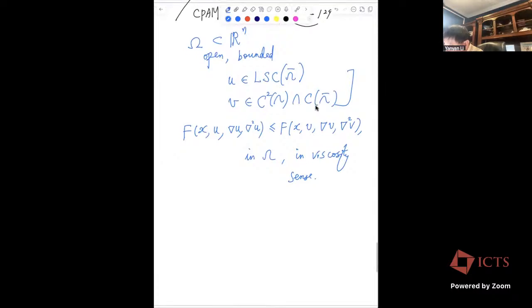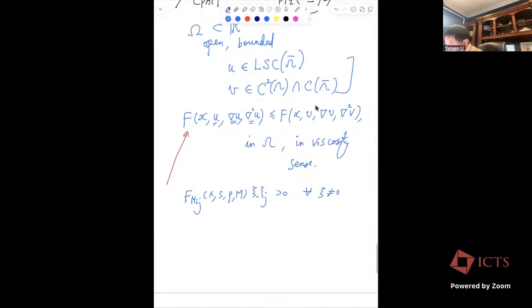F is assumed to be elliptic: F_{M_ij}(x, s, p, M) xi_i xi_j is positive for any xi not equal to 0, xi in R^n. So this is the positivity. So M is an n by n symmetric matrix.